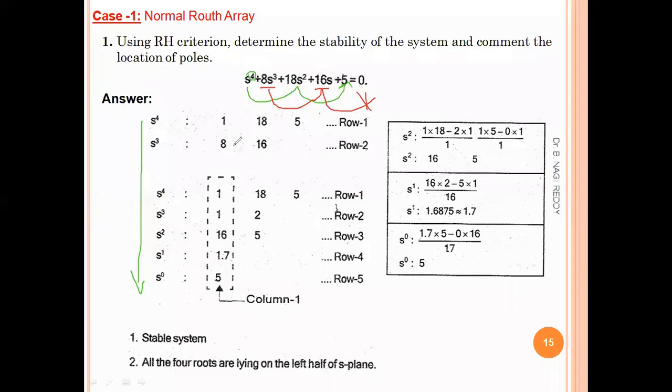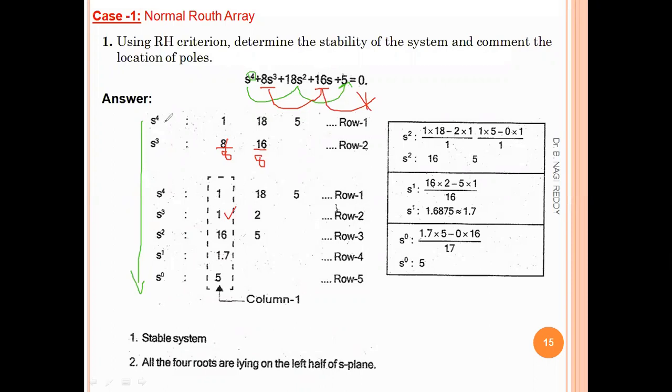Now you can see, for simplification purposes, this second row has multiples of 8. This is an 8 multiple and this is an 8 multiple. So I can simply divide this second row by 8. So 8 by 8, we get 1 here.